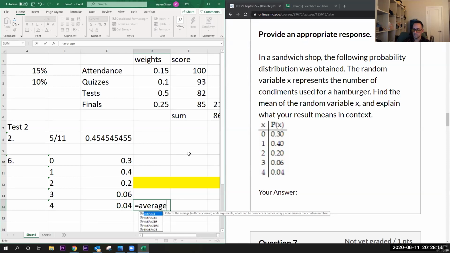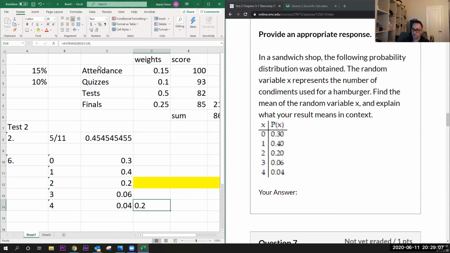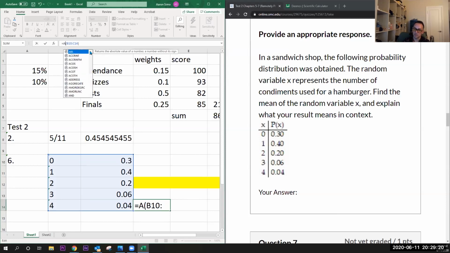What's the answer? Do we know it? 1.14. So I don't know how to do this apparently on Excel because I don't really use Excel, but I'll learn that later, I guess.